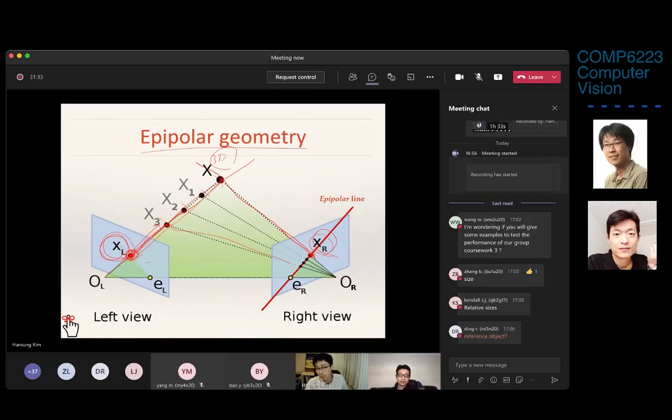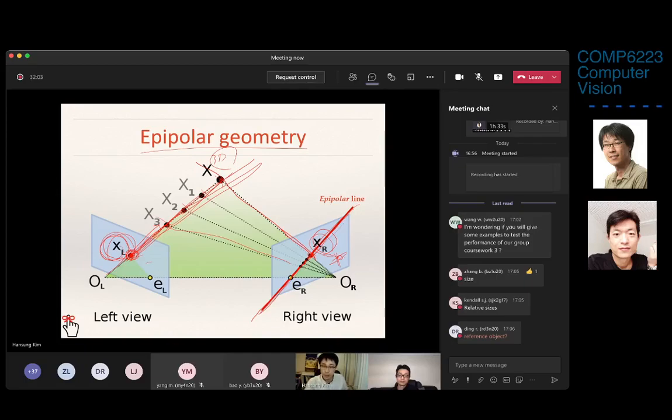Actually, all possible positions of the 3D point will be projected in the second camera somewhere on this one line. So you don't really need to search the corresponding point elsewhere, because there's no chance it's there. It should be somewhere on this line, because it's the projection of this line onto this image plane.